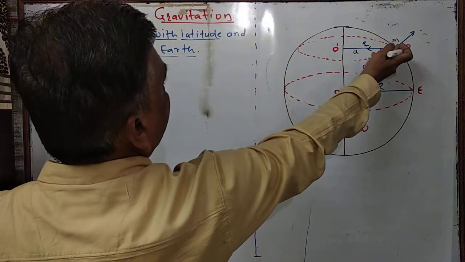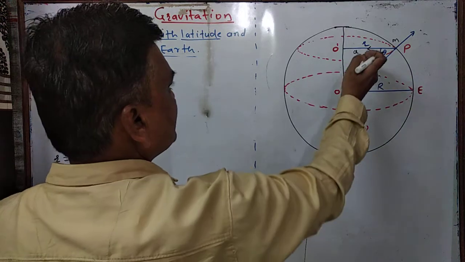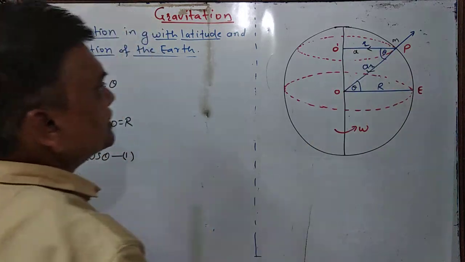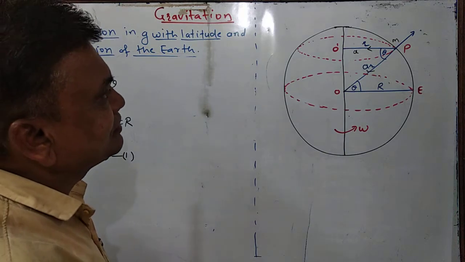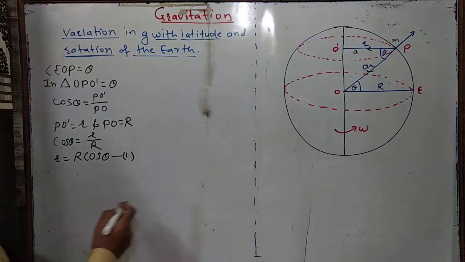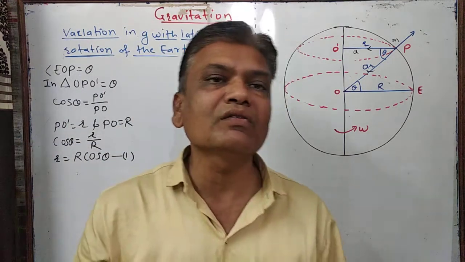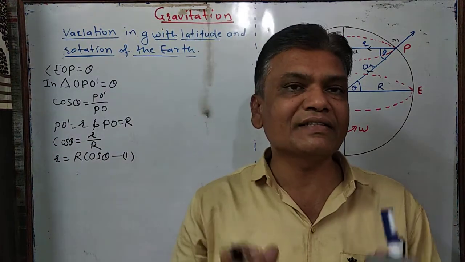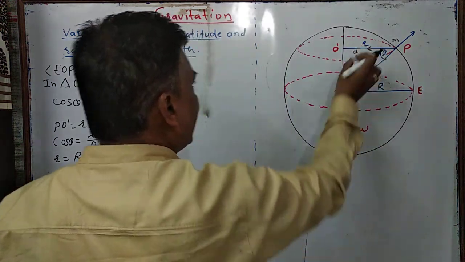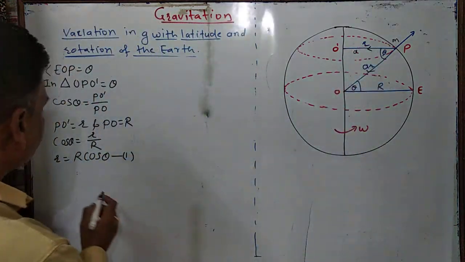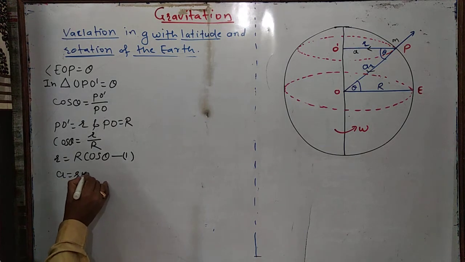As the particle rotates in a circle, it has an acceleration called centripetal acceleration, because whenever any body moves along a circular path, it has an acceleration toward the center of the circle. The centripetal acceleration is given by a equals r omega square.